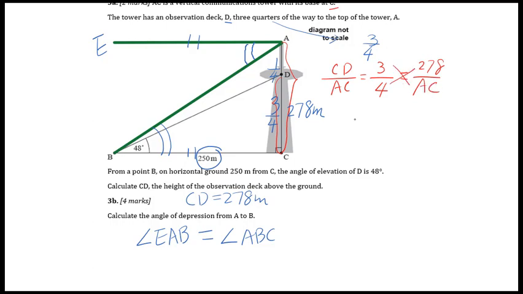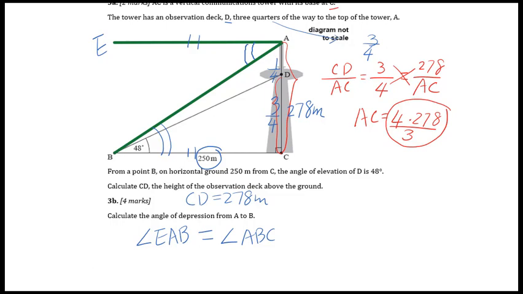So cross multiply. So AC equals 4 times 278 over 3. I don't want to calculate this out. I just use the whole thing to stand for this AC.